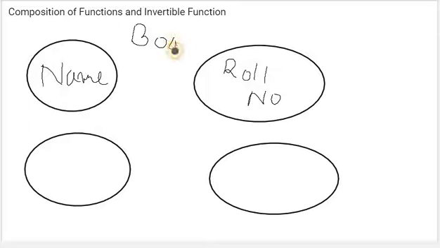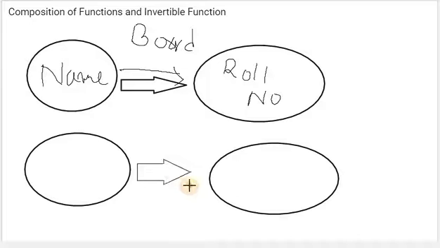The board, sorry, should be BOARD. Anyway, this will go like this. Okay, I'll have this one. What the board will do is they will put the roll number and they will create one code number.